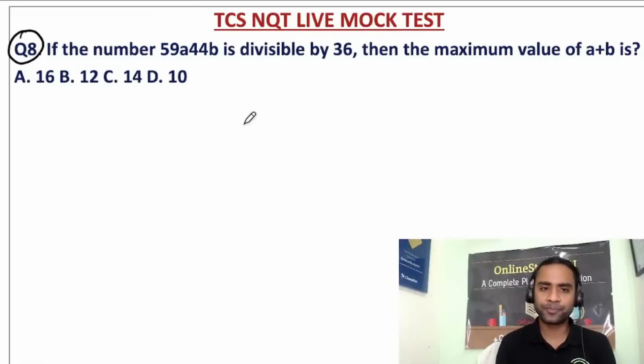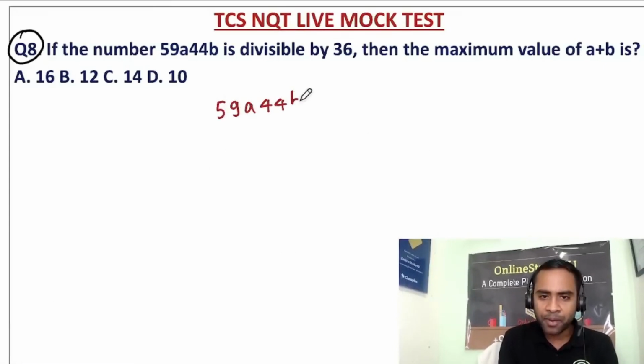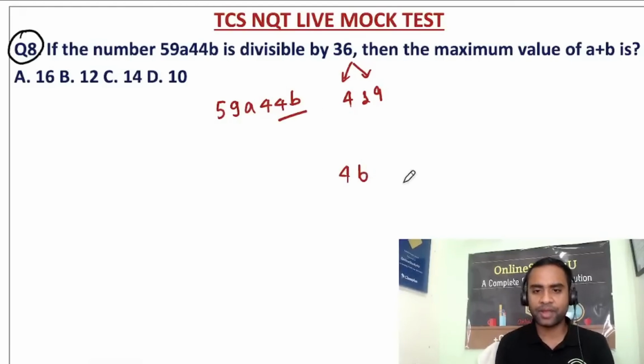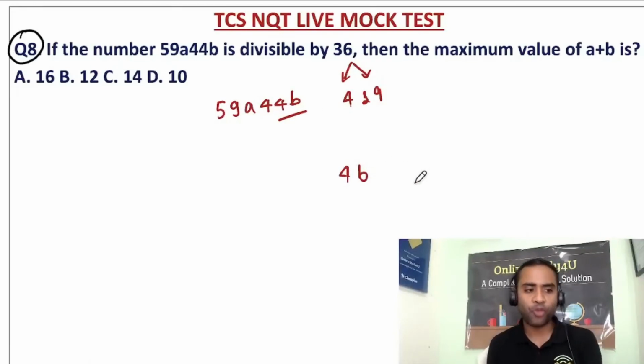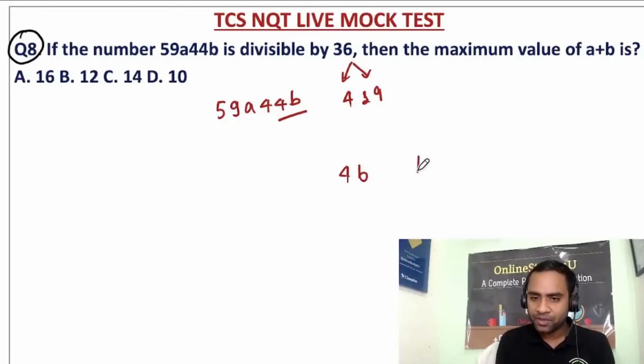Now let us see here. If a number is divisible by 36, then it should be divisible by 4 and 9. Let us check with 4, because we only need to look at the last two digits. What are the possible values of b? Either you keep b equal to 0, then it will be divisible by 4.